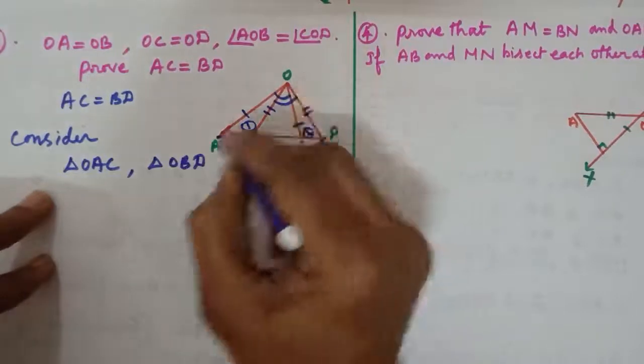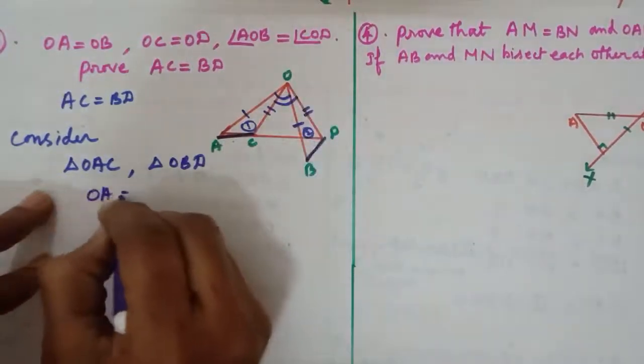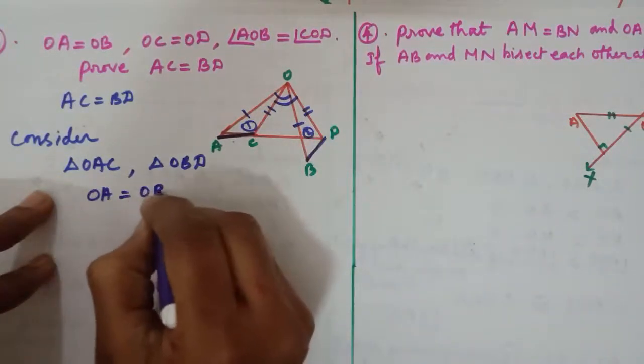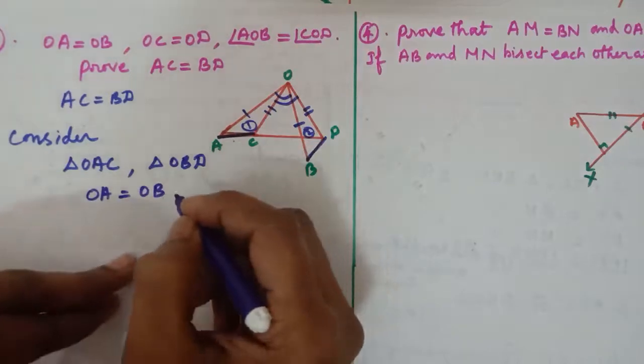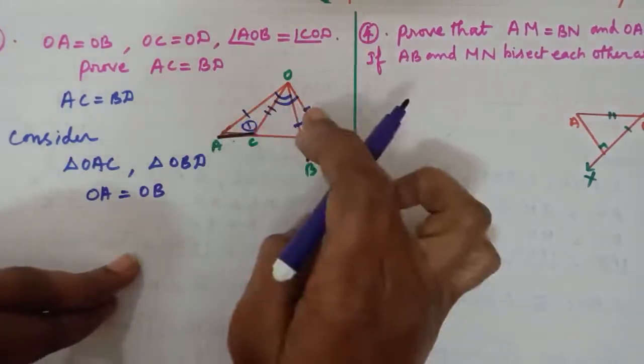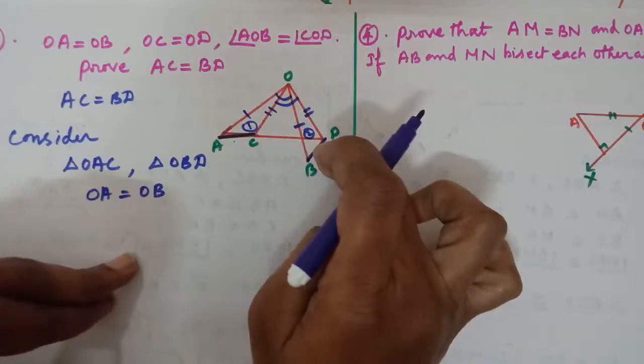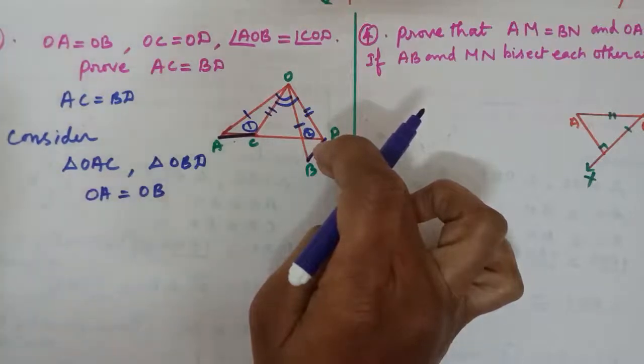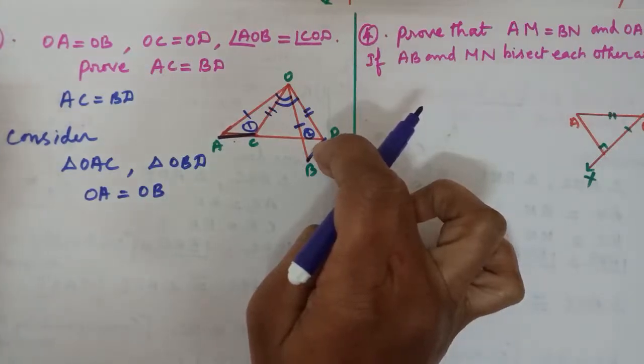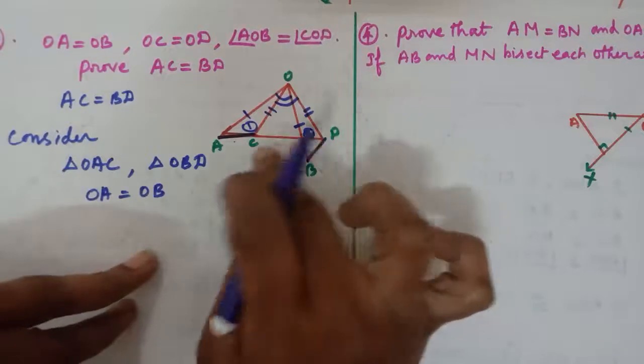Okay, OA equal to OB. Students, listen. If we prove these two triangles are congruent, then we can say these lines are equal. How? By corresponding sides are equal, corresponding angles are equal. Because if two triangles are congruent, then corresponding sides and corresponding angles are equal. So we can easily say AC equal to BD.